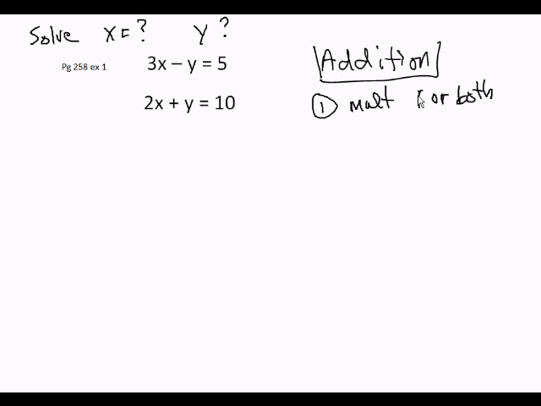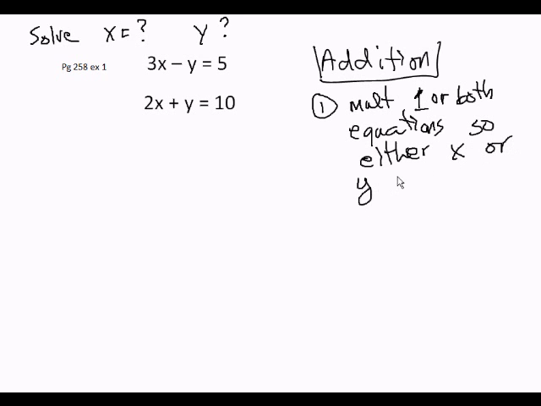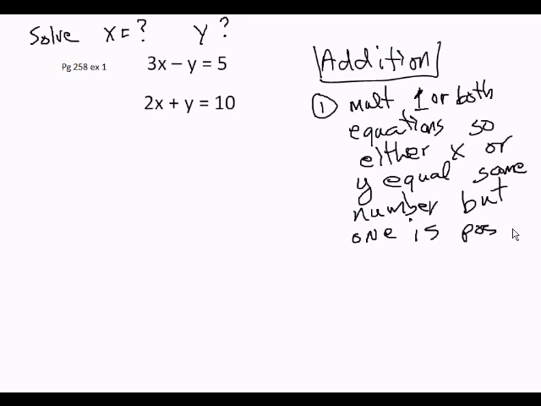Step number 1 is multiply one or both equations so either x or y equal the same number, but one is positive and one is negative.